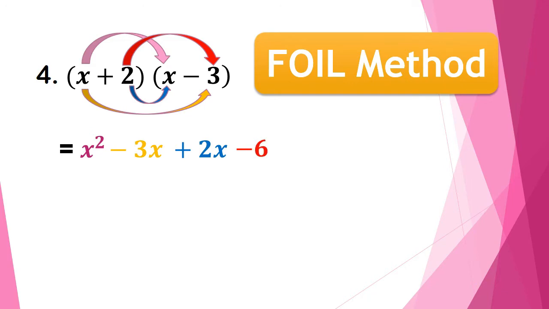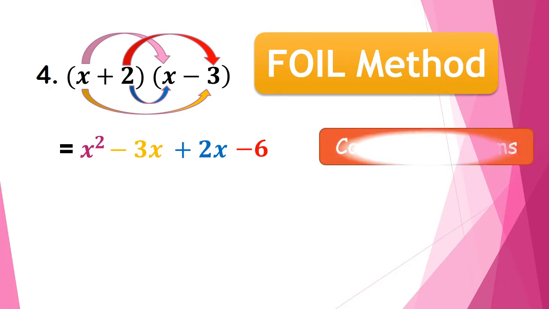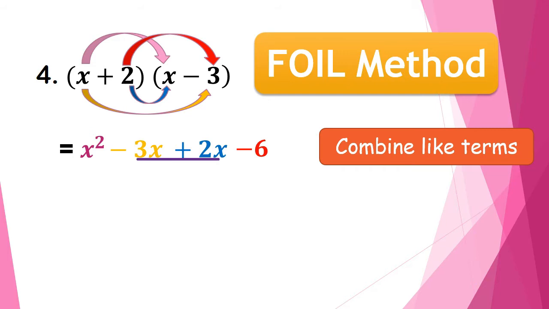After we expand the given example, let's combine like terms. When we are combining like terms, hanapin ang dalawang magkaparehas na variable at exponent. On the given here, meron tayong negative 3x and positive 2x.